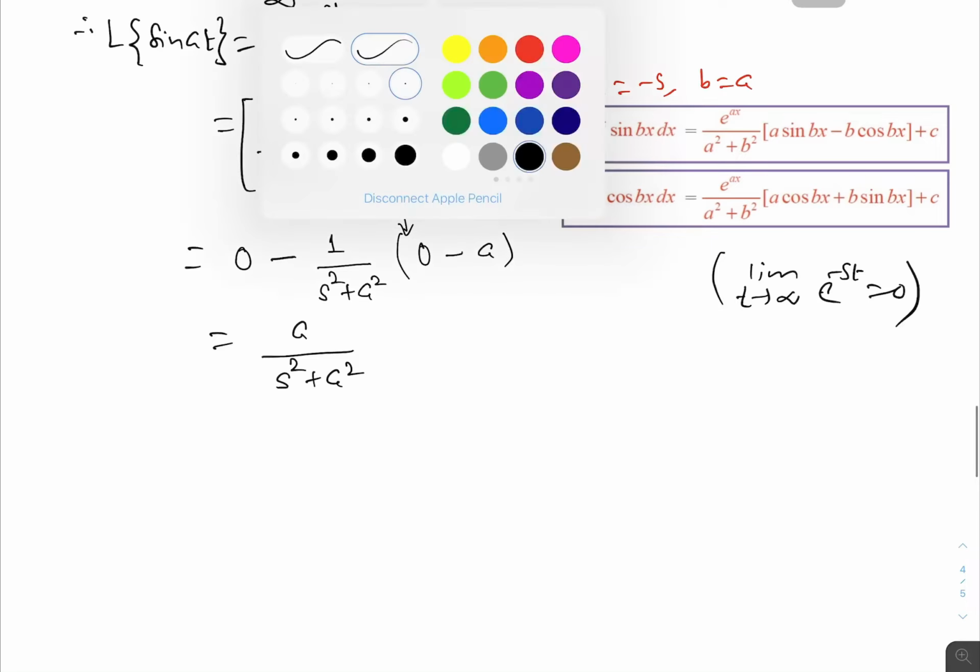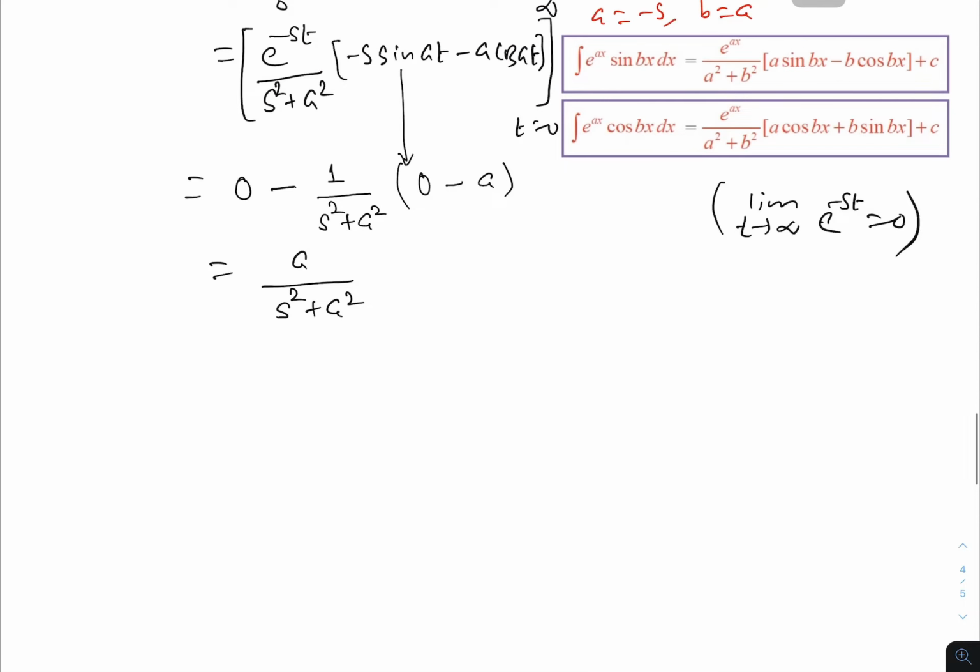So that means the Laplace transformation of sine at is equal to a over s square plus a square.